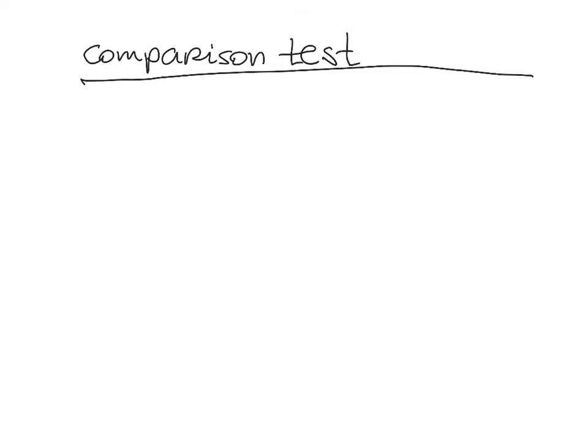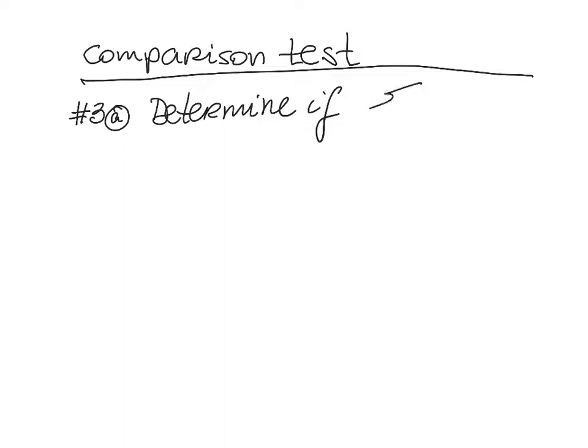We're going to look at several examples of comparison tests of infinite series. So here are the problems. Number 3a, determine if the series summation from 2 to infinity of natural log of n over n converges or diverges.